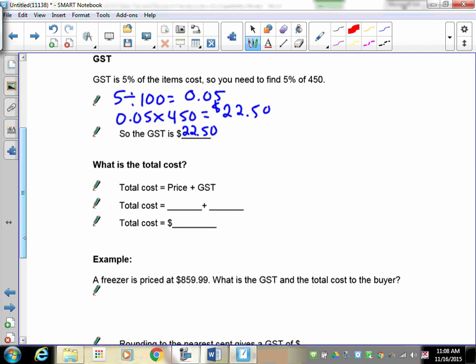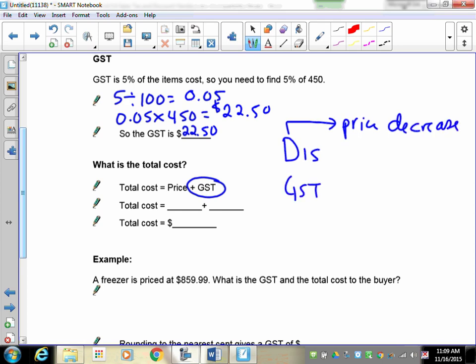Taxes are always, always added. Discounts are subtracted. D stands for decrease. Discount decreases. GST gets greater. Think of this: with a discount, the price decreases. For GST, the price is greater.